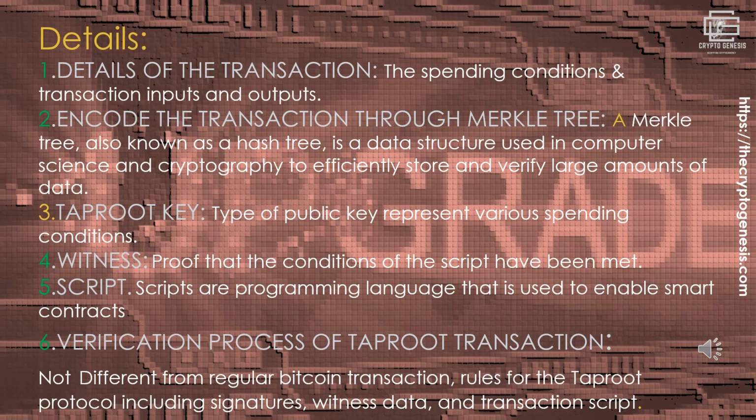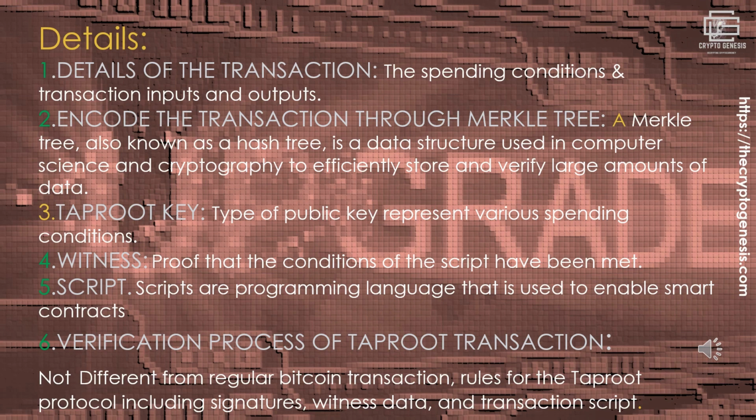The next we have is the Merkle tree. A Merkle tree, also known as the hash tree, is a data structure used in computer science and cryptography to effectively and efficiently store and verify large amounts of data. We will see the Merkle tree in an upcoming slide. Next we have Taproot key.